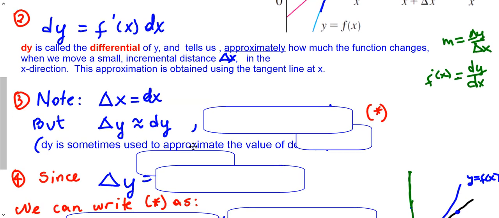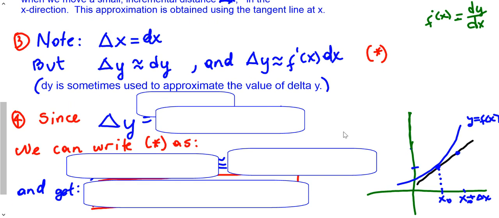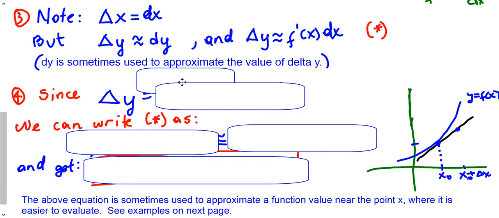So we already mentioned delta x and dx we're going to assume are the same, whereas delta y and dy are approximations of one another. And we've also noticed that because dy is this quantity up here, delta y will be estimated by the tangent line, which is f prime of x times dx. So from there, we can get a longer formula.